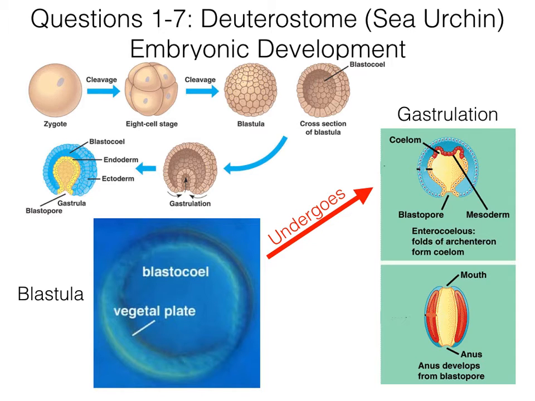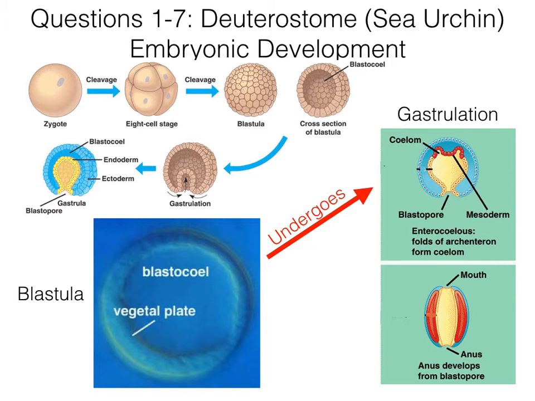And the first opening where the vegetal plate pushes in during gastrulation is called the blastopore. And again, these are deuterostome organisms we're talking about, so that blastopore is going to end up becoming the anus. Okay, at the very top of where the vegetal plate is pushing its way in, mesoderm is starting to be formed. Mesoderm is eventually going to line the sort of inside parts of what was the blastocele.